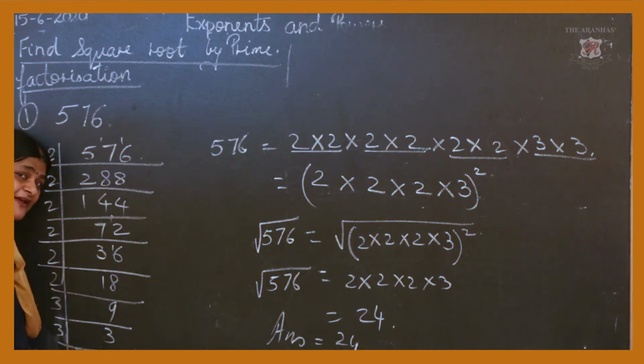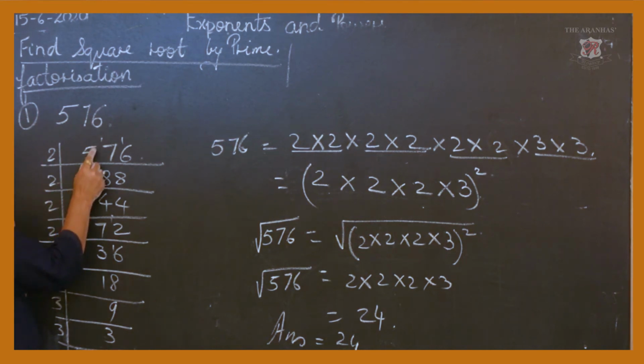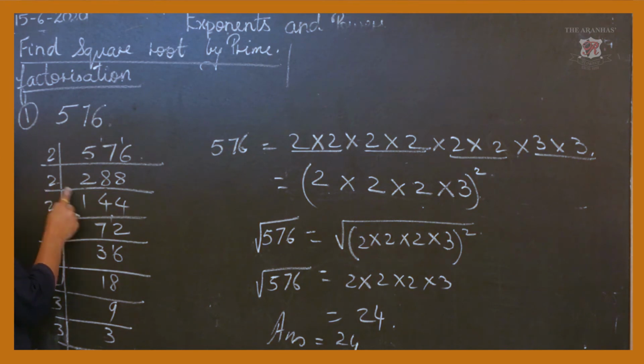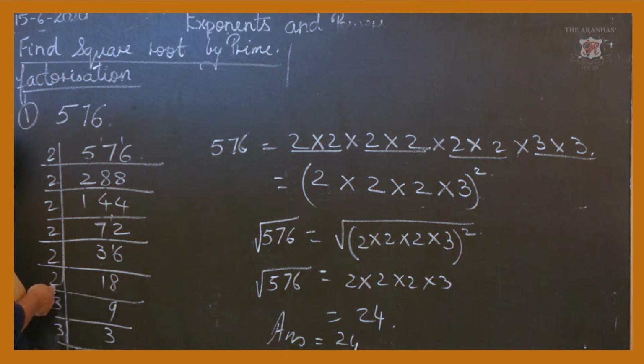You are going to start with 2, 2 twos are 4, 2 eights are 16, 2 eights are 16, again 288 can be divisible by 2, so it comes to 144. For 144, again divide by 2, you get 72, then again 2, you get 36, and then again by 2, you get 18, again you divide by 2, you get 9, and then again you're doing the prime factor of 9, you get 3 into 3, and then again 3 ones are 3.